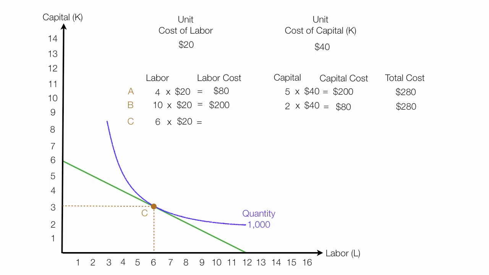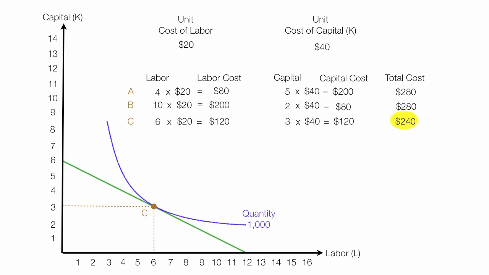So 6 times 20 is equal to 120 for the labor cost. Capital, 3 units of capital, so I have 3 times 40, which is 120, for a total cost of 120 plus 120 for a total cost of $240.